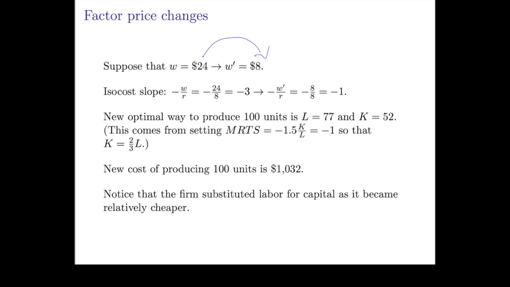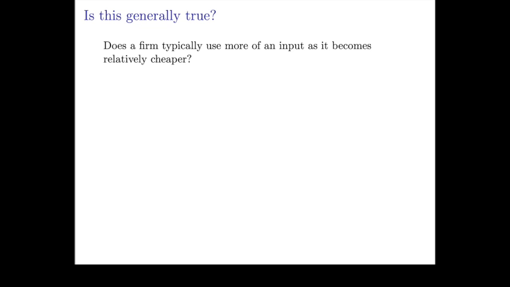One thing to note here that's important is that the firm substituted from capital to labor when labor got cheaper. Now, is this generally going to be true? Do firms typically use more of an input as it becomes cheaper? Yeah, because of the tangency rule.